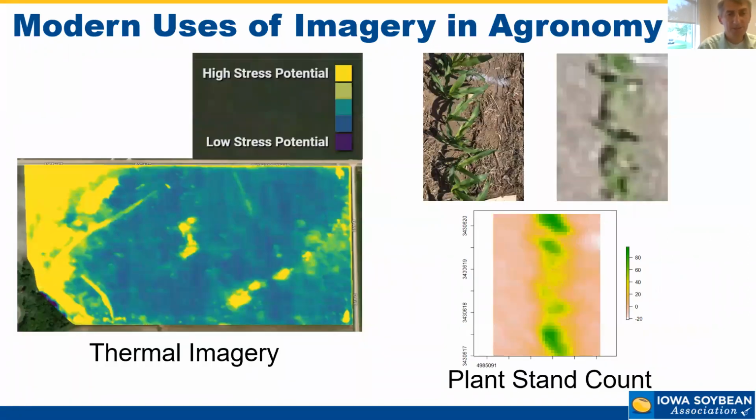Of course, in addition to the ability to collect imagery, there are different products and types of imagery. Here on the left is thermal imagery, which indicates plant temperature or potential water stress and so on. And of course, you can apply a lot of analytics. This is an example where you can test your coding ability, how to detect and count plants from the aerial image, like in this case, which I did a couple of years ago.